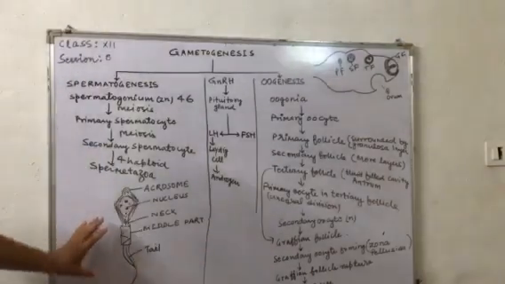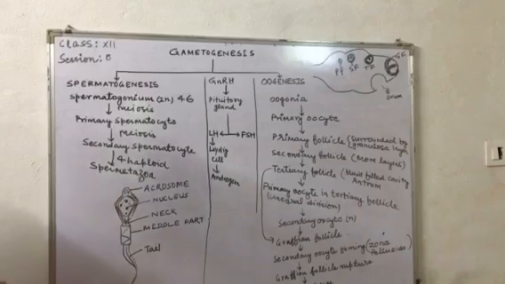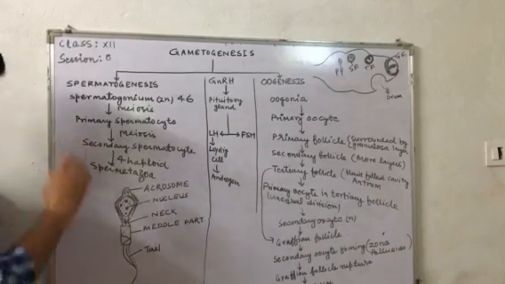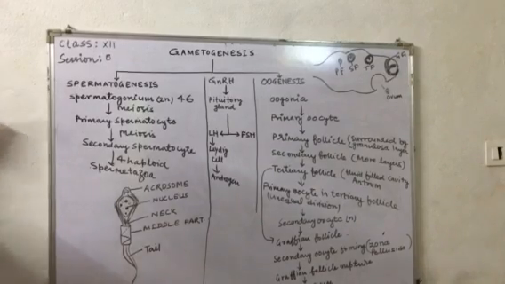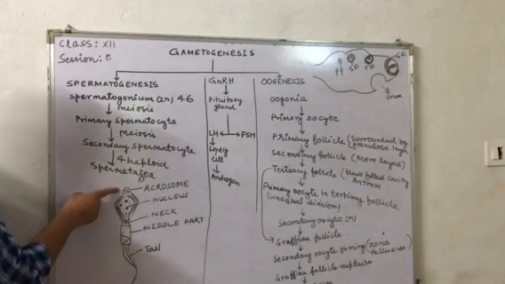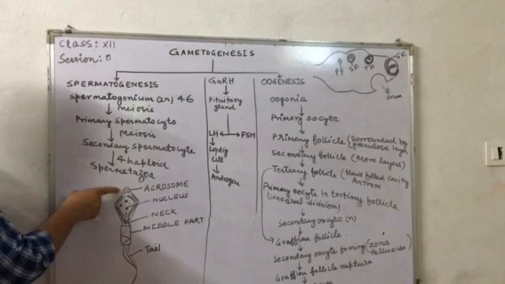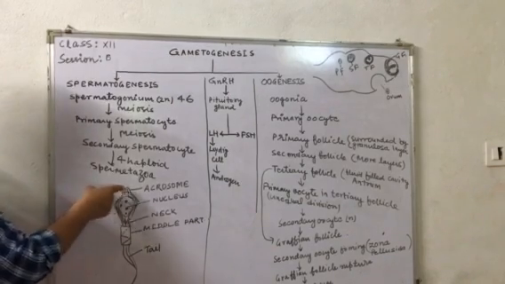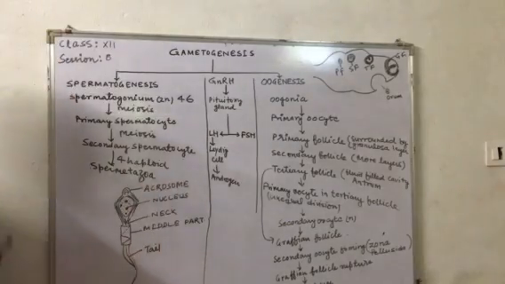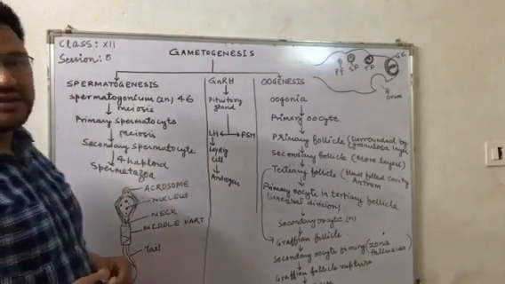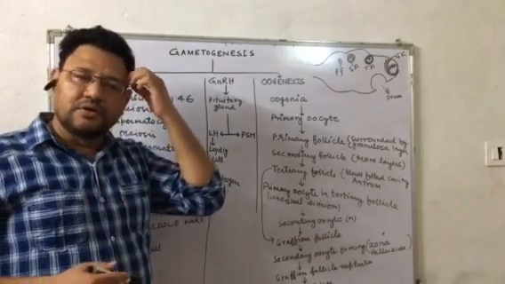As you can see here, this is the structure of a human sperm. You can see at the anterior end there is a projection. That projection is known as the acrosome. In class 10th also, you know about this acrosome.